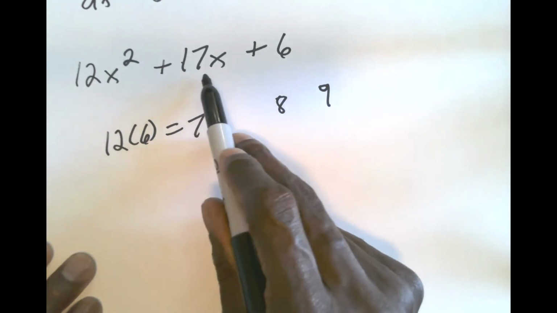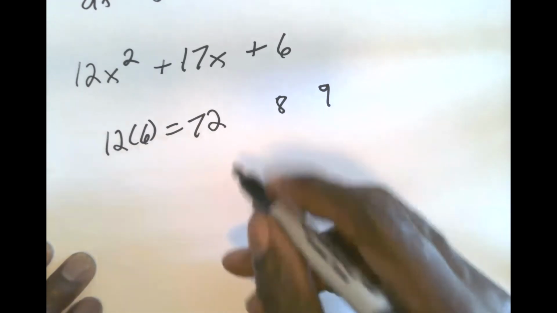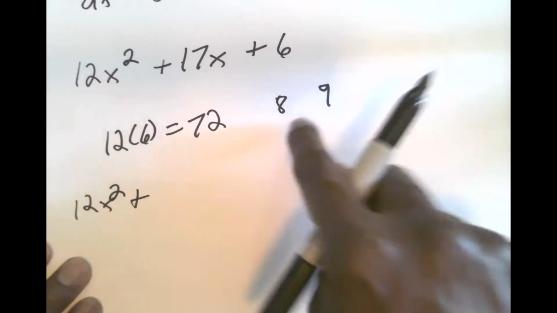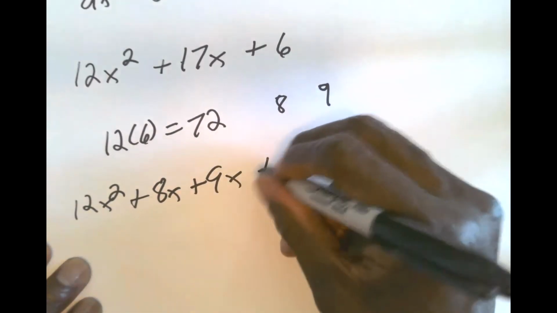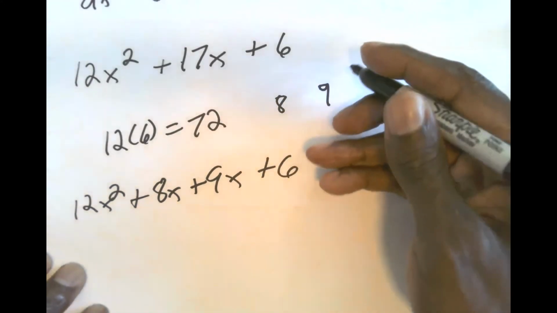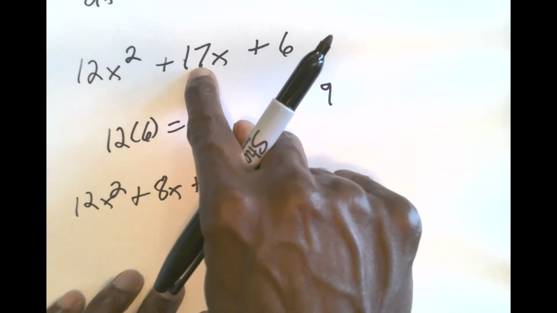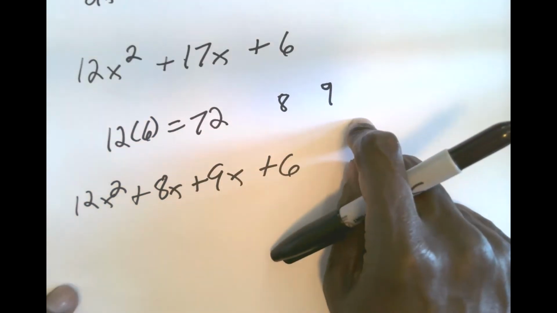So instead of writing 17x, we're going to write 8x plus 9x. So it looks like this: 12x squared plus 8x plus 9x plus 6. I haven't changed the value of this expression. I just split this particular term in a way that'll allow me to factor, because I'll factor by grouping.